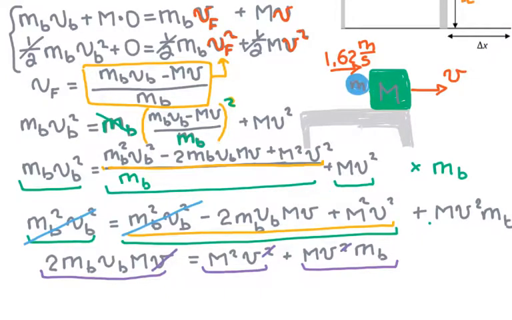And now I'm going to plug in the numbers. The mass of the ball is 1 kilogram, so I have 2 times 1. Velocity of the ball we just found is 162. And the mass of the block is 3 kilograms.